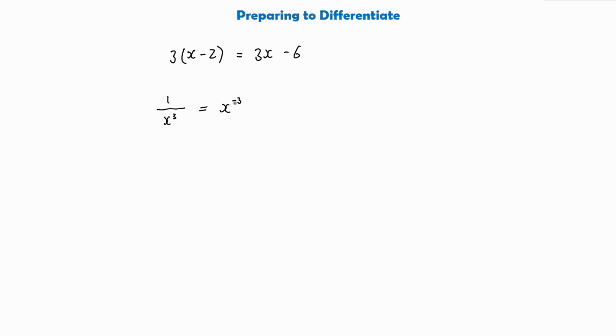So x to the negative cubic power. Similarly, if we had, say, 3 over x squared, in this case, this is the same as 3 times 1 over x squared. So we would simply say this is 3x to the minus 2. So anytime we have 1 over x to the power of something, it just becomes x to the negative of that power.